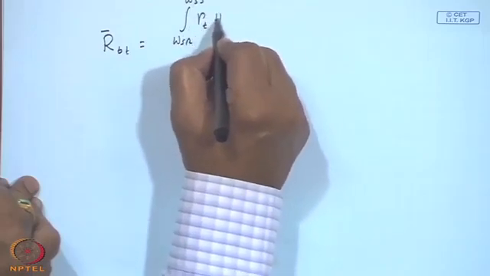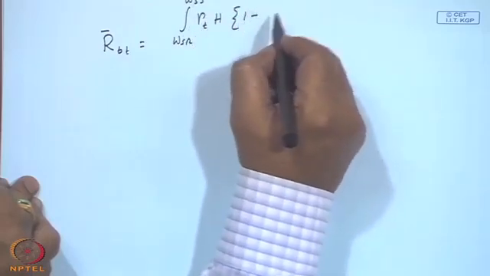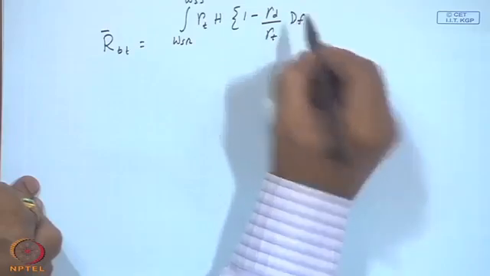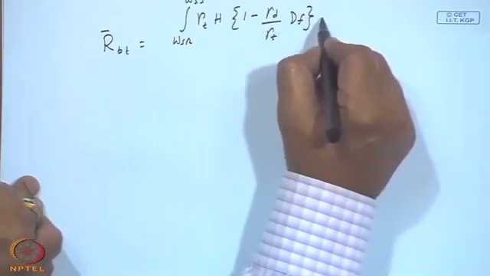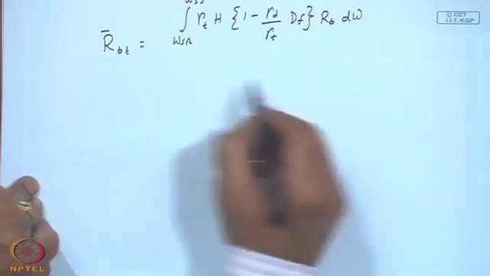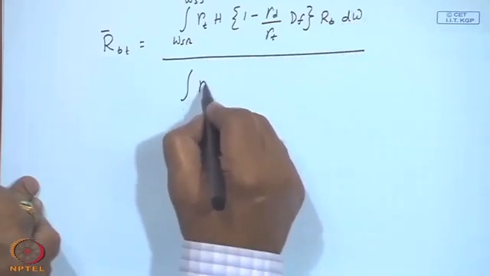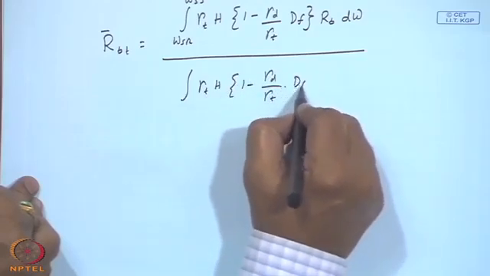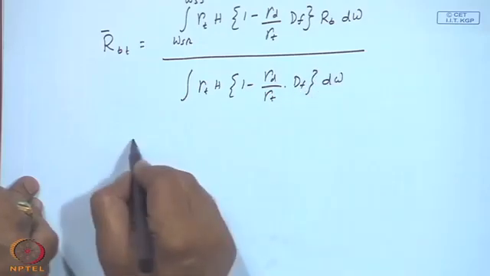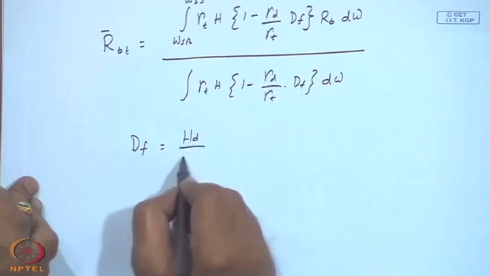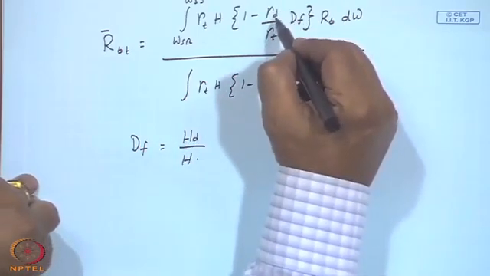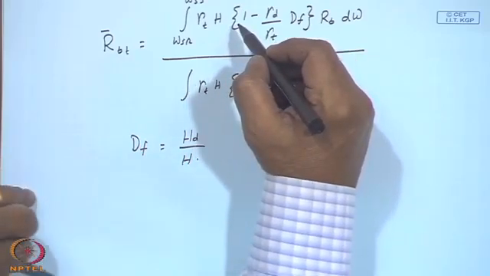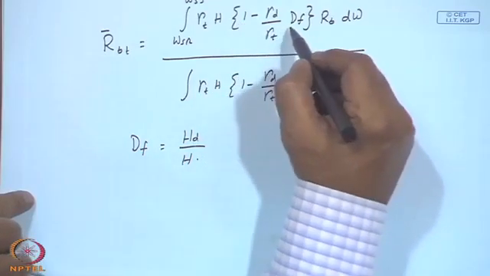I is nothing but r t into H, and this I d is r d by r t into diffuse fraction d f times R b d omega, where this d f is for simplicity H d by H. r d is I d by H d by I by H into H d by H. What I will be having is I is r t into H, if H is taken out, I d by I, that is what I will be having here.